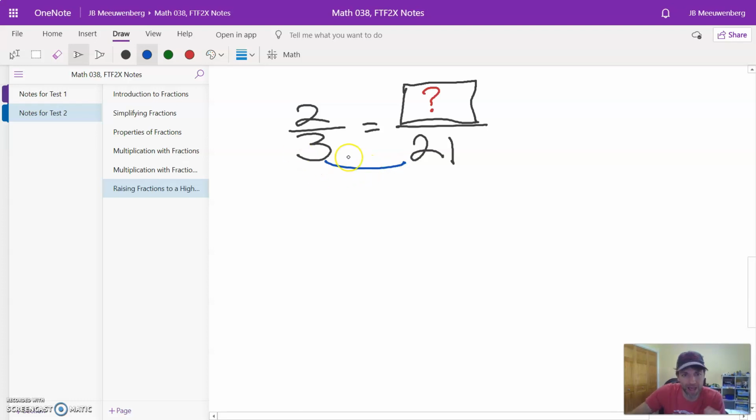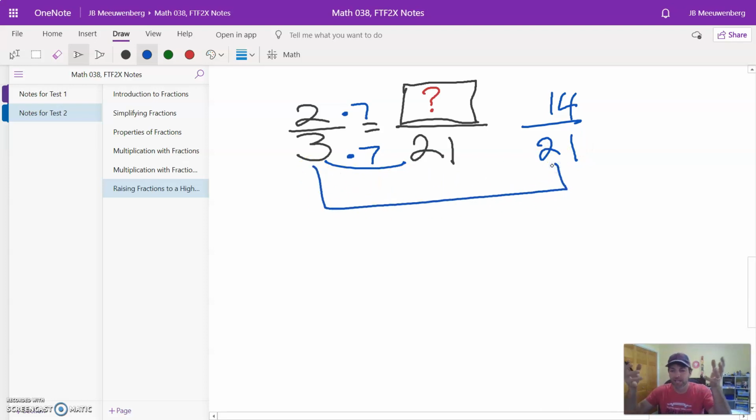What did we do on the bottom? How did we change 3 to 21? We multiplied it by 7. And so we need to do the same thing to the numerator. 2 times 7 is 14. So we would have 14 21ths. Again, 2/3 and 14 21ths are the same number, the same value. They're equivalent. They talk about the same amount of stuff.